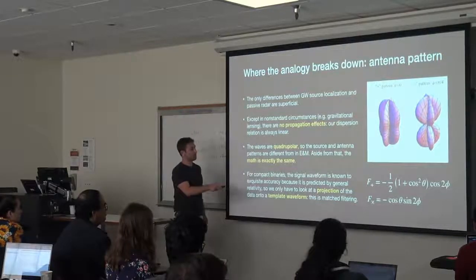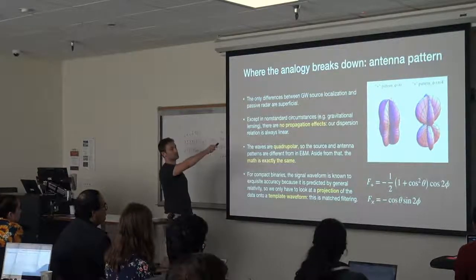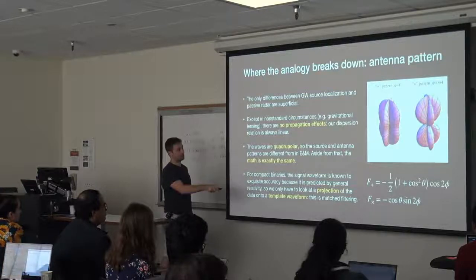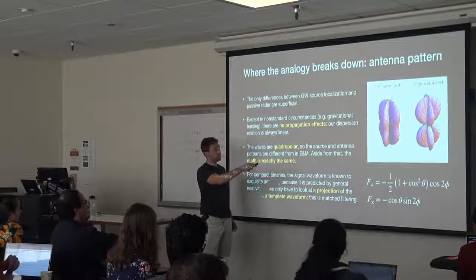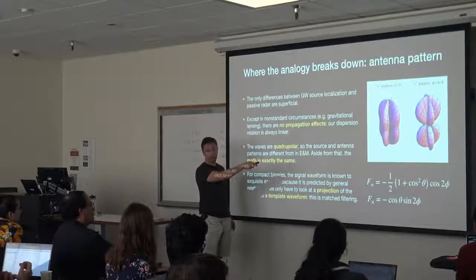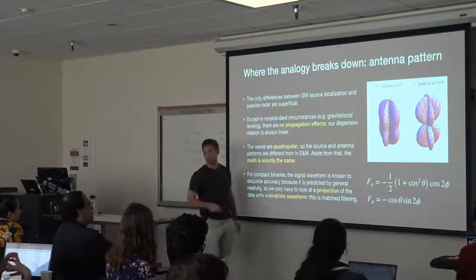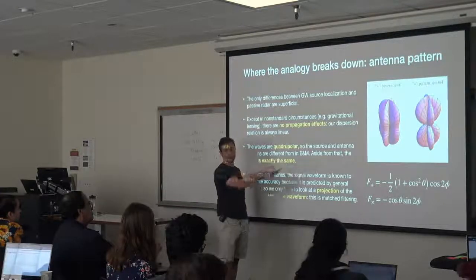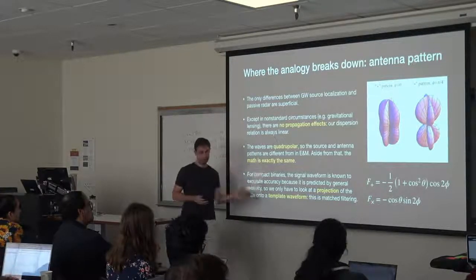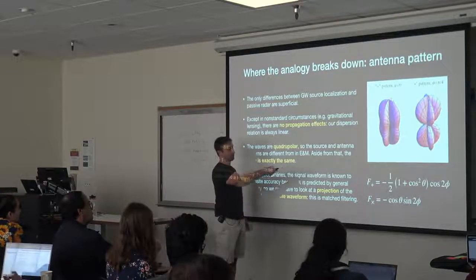So in both polarizations, you have your best sensitivity immediately above and below the detectors. For the plus polarization, you have nulls at zero angles to the detector arms. And for the cross pattern, you have nulls at right angles to the detector's arms, and also in the plane of the detector.